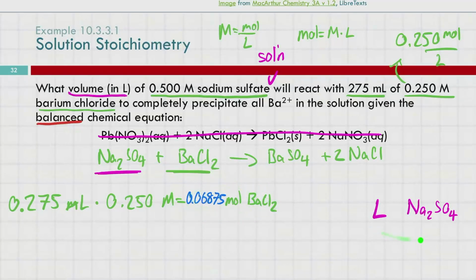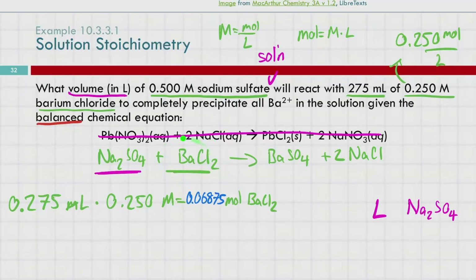Our goal, we wrote out liters Na2SO4. We do not have the same chemical, right? BaCl2 and Na2SO4 are not the same chemical. We can switch between chemicals with that magical, sometimes hated word, stoichiometry.